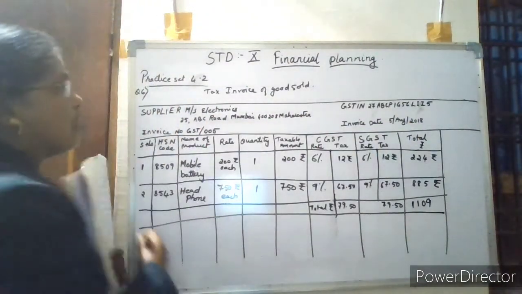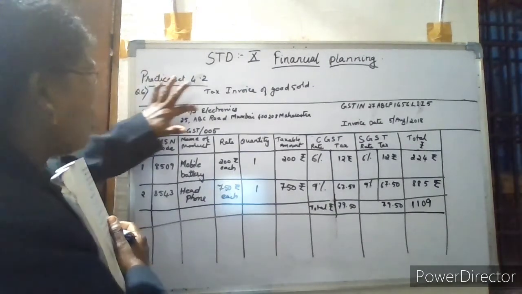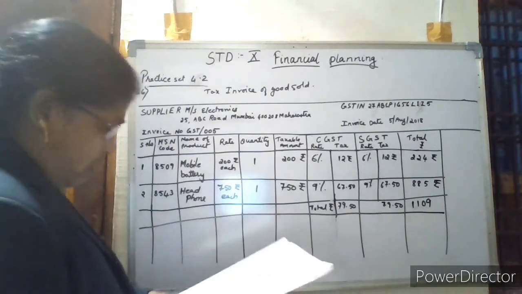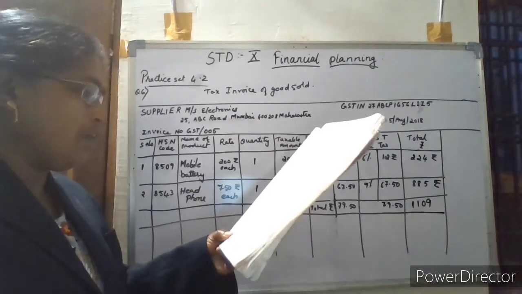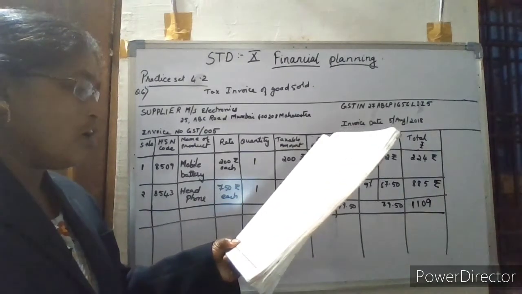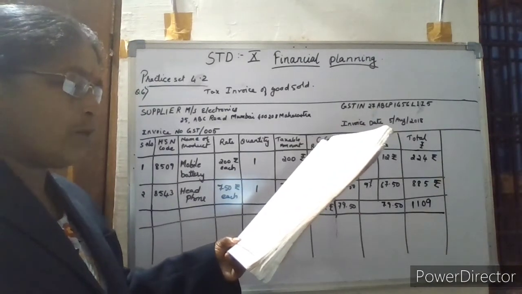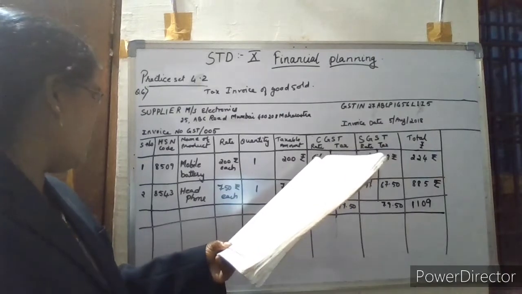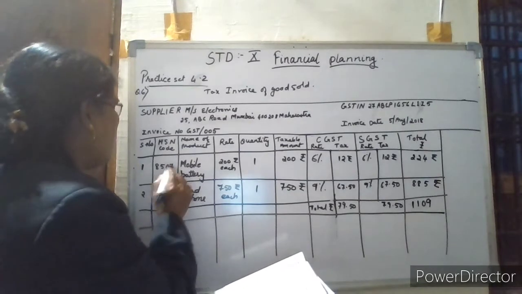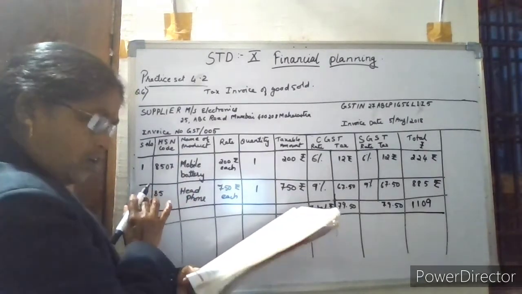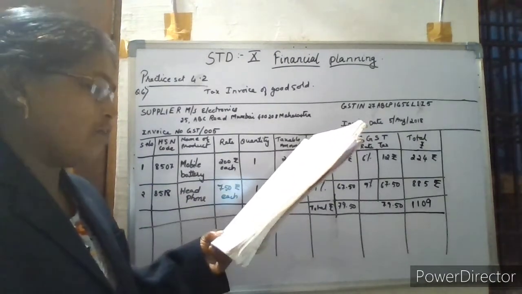Here the supplier is MS Electronics, and the items are given: invoice number, GST, particulars, rate of the mobile battery 200 rupees with GST 12%, HSN code given as 8507 and 8518 as the HSN code given.